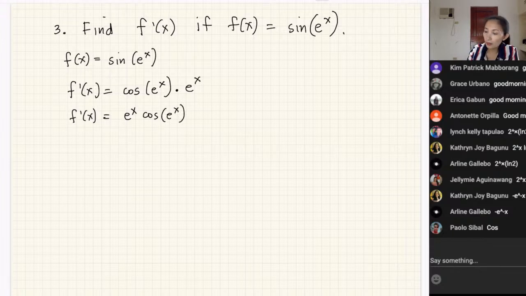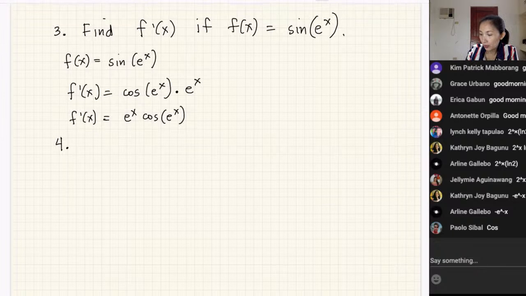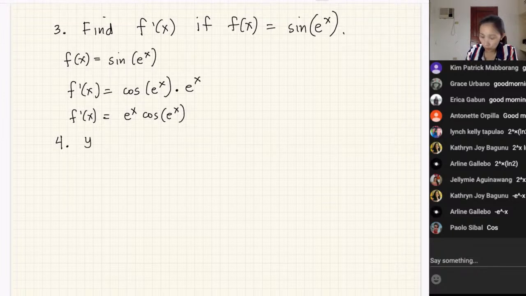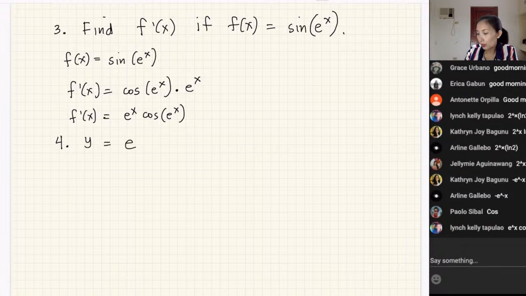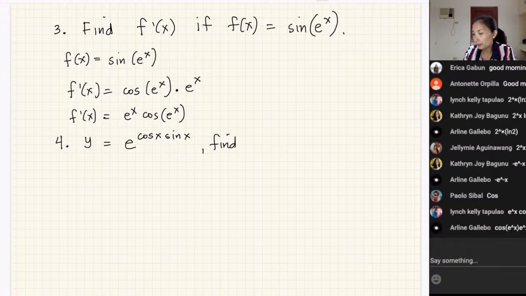Now moving on to number 4. Problem number 4: what if you have y equal to e raised to cosine x sine x? Find y prime.